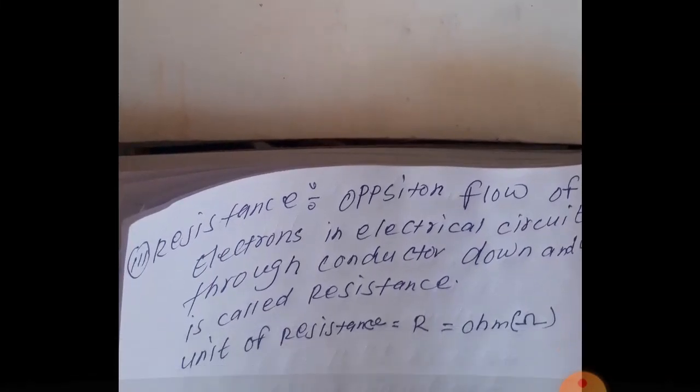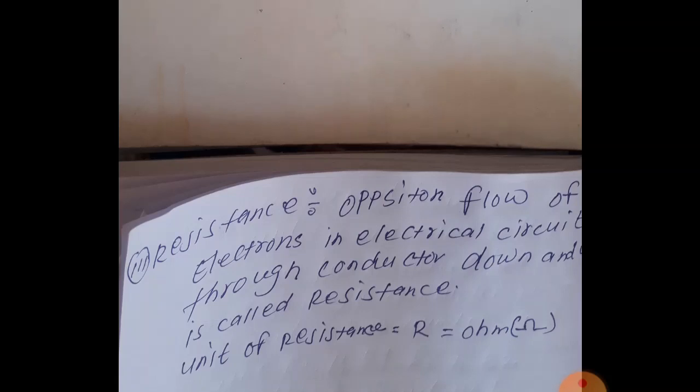Okay. Now the next one is resistance. What is resistance? Resistance means opposition to flow. The definition of resistance is the opposition to the flow of electrons in an electrical circuit through a conductor, going down and up.